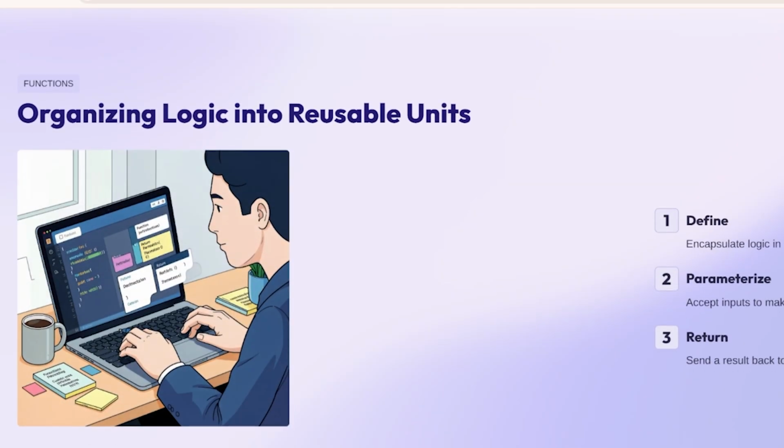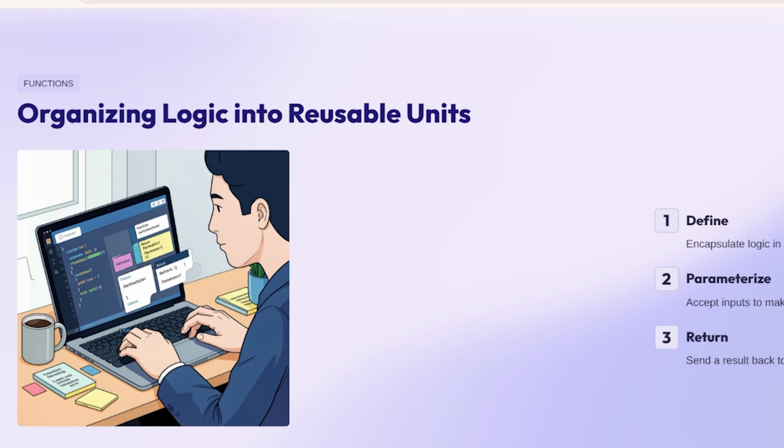And the next one is function. A function is a reusable block of code. Instead of writing the same code again and again, we write it once inside a function. Whenever we need it, we simply call the function.